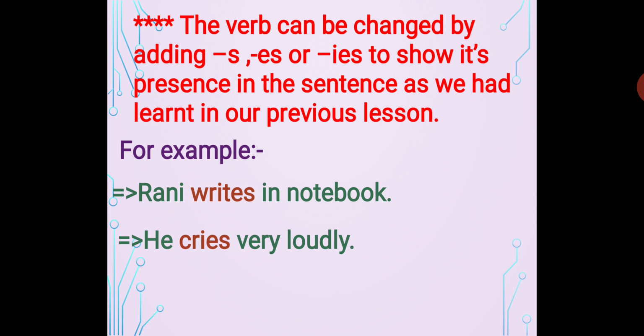Next, he cries very loudly. He represents one masculine gender, right? Cries: what is the root form of cries? Yes, cry. So we remove Y and add IES to show the presence of does.